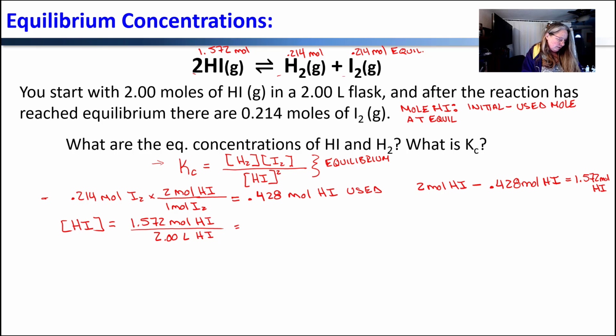So 1.572 divided by 2 gives me 0.786 molar.